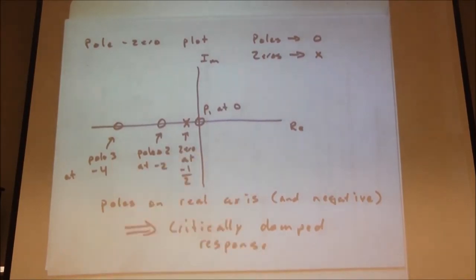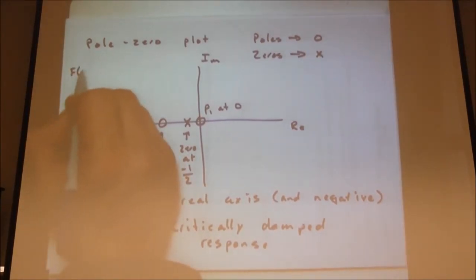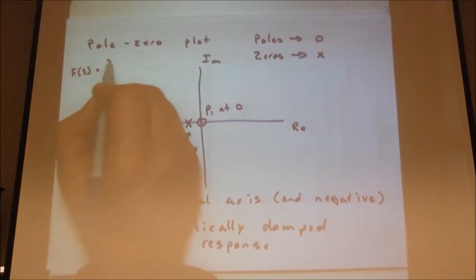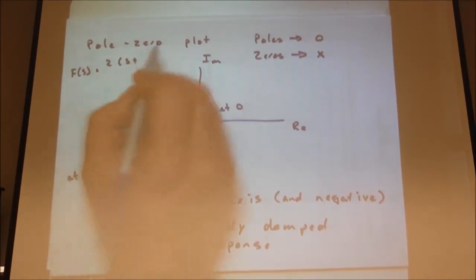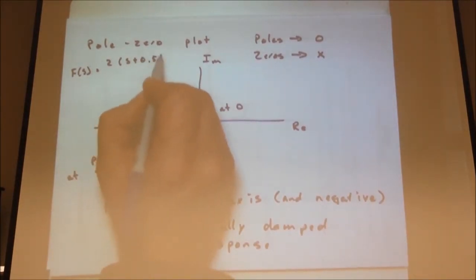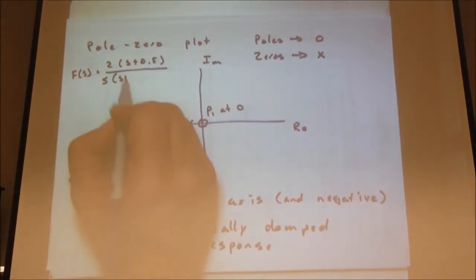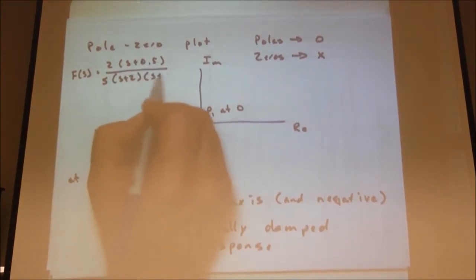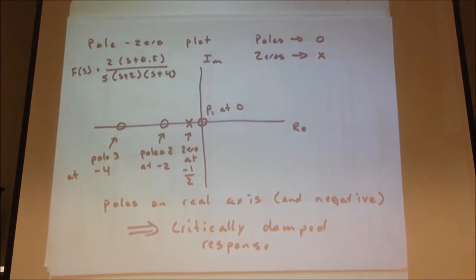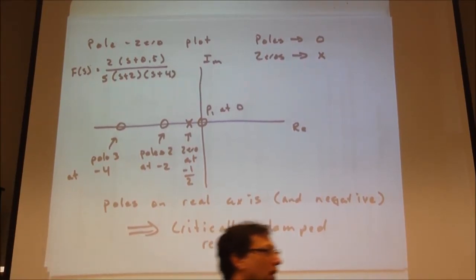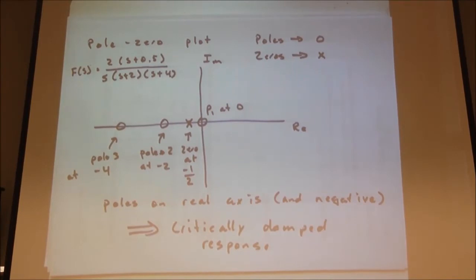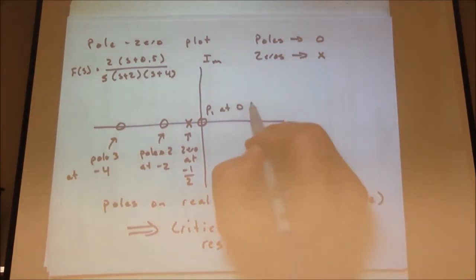And so this is the problem we just looked at. F of s, just to write it out, 2s plus 0.5 is factored in here. Same thing. That's that problem. Another observation in this plot is that we have a pole at 0. What does a pole at 0 imply for us?